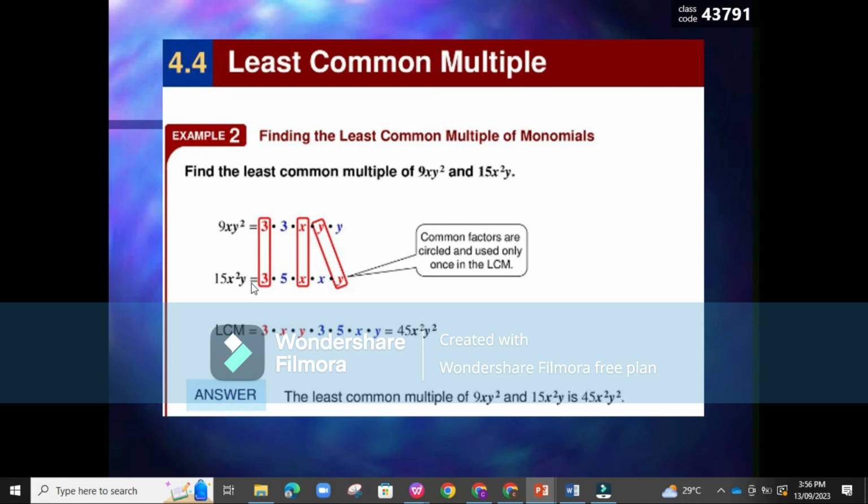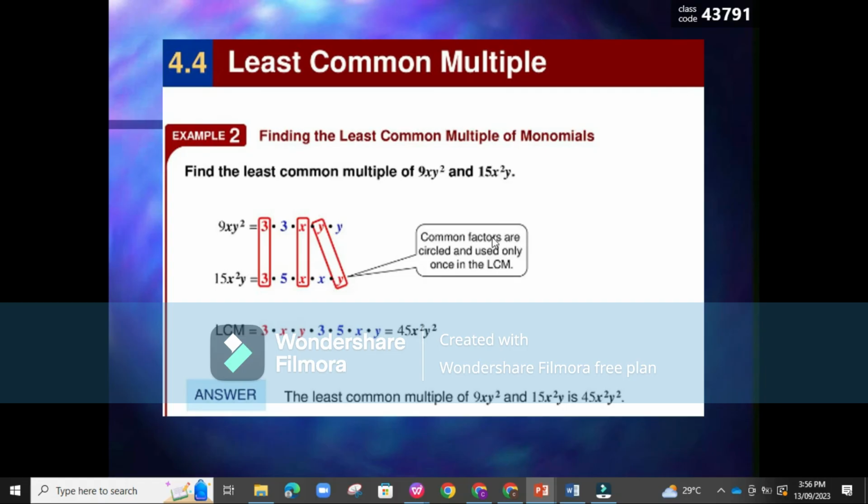For 15x squared y, the prime factors of 15 are 3 times 5, then x squared can be factored as x times x, then y. Or actually, you can just write the variables as they are: xy squared and x squared y.